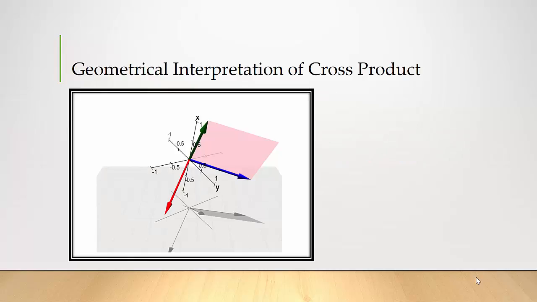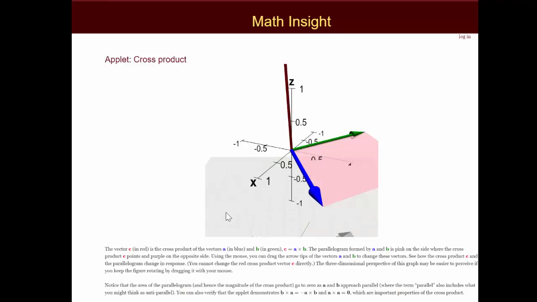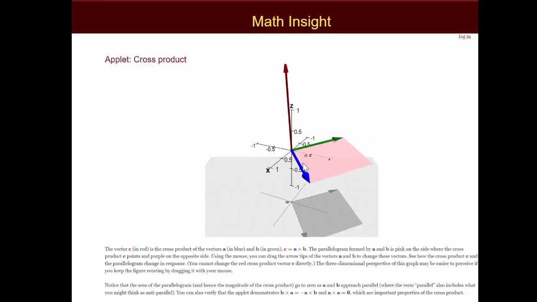Now, the cross product has an interesting formula, but it has a very easily understandable geometric interpretation. Here we have an applet that helps us understand the geometrical interpretation of the cross product. So here you can see I'm in R3 because, again, the cross product is defined for vectors in R3.